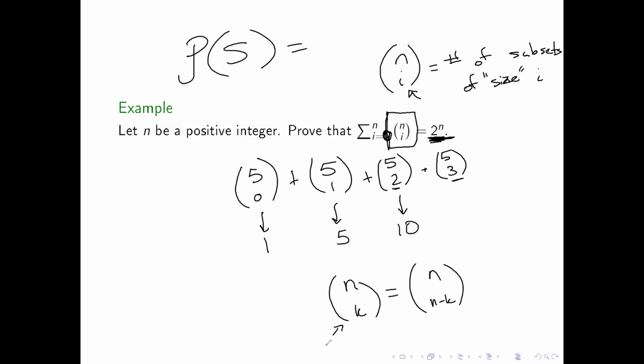Because this is choose what I want. This is choose what I don't want. And those are the exact same count.